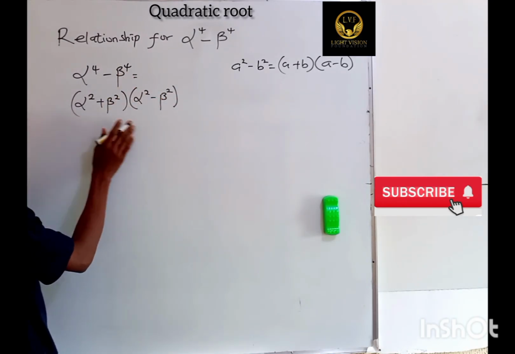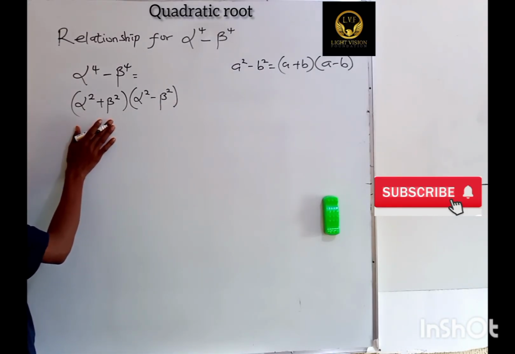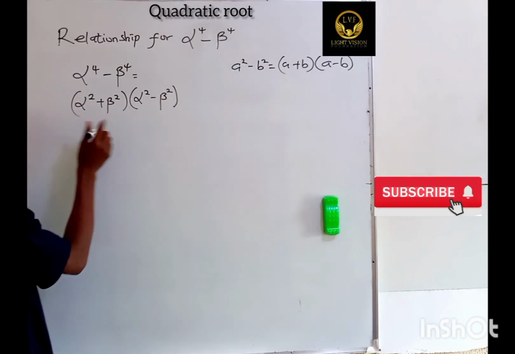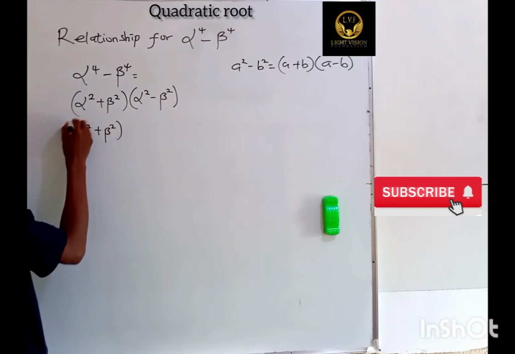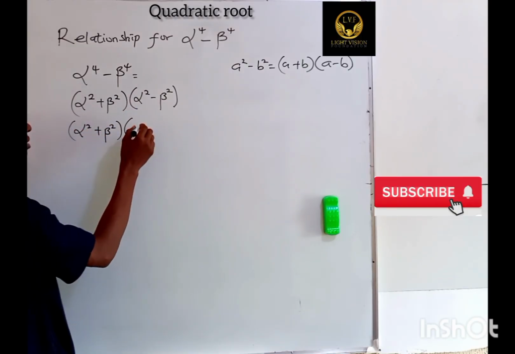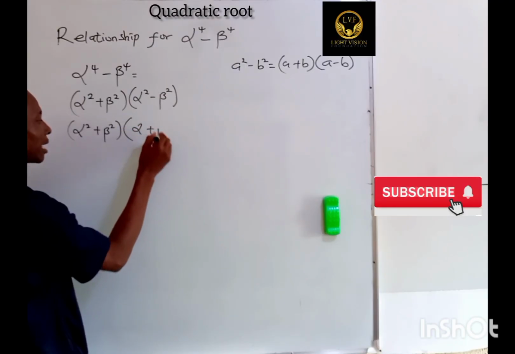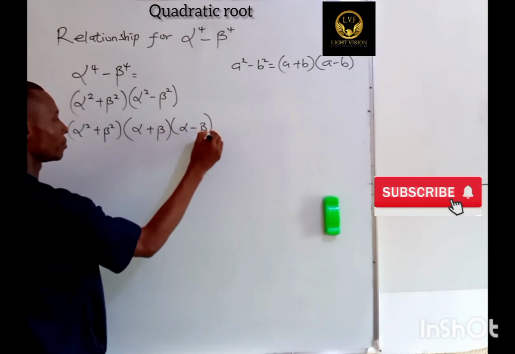Okay, now if that's the case, we already have the formula for alpha square plus beta square. Now this as well can still become alpha square plus beta square into, now expanding this from the difference of two squares, alpha plus beta right into alpha minus beta.